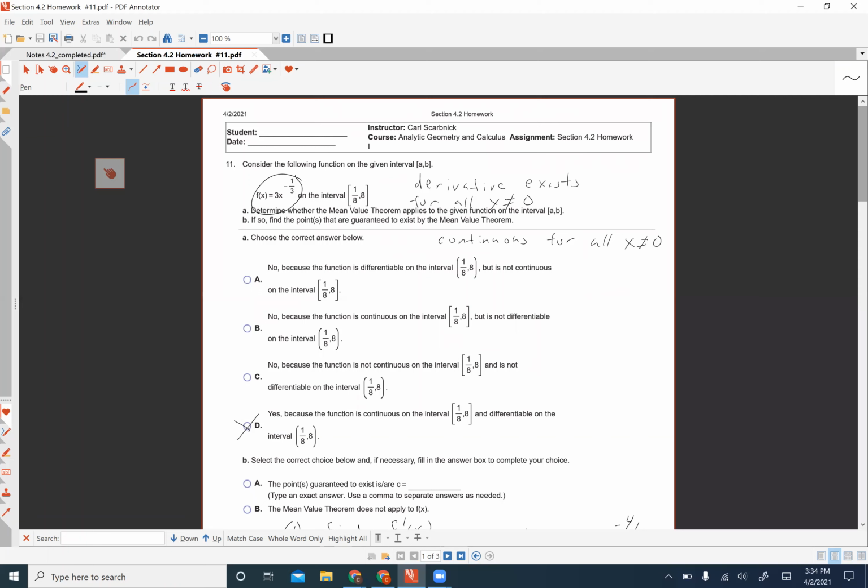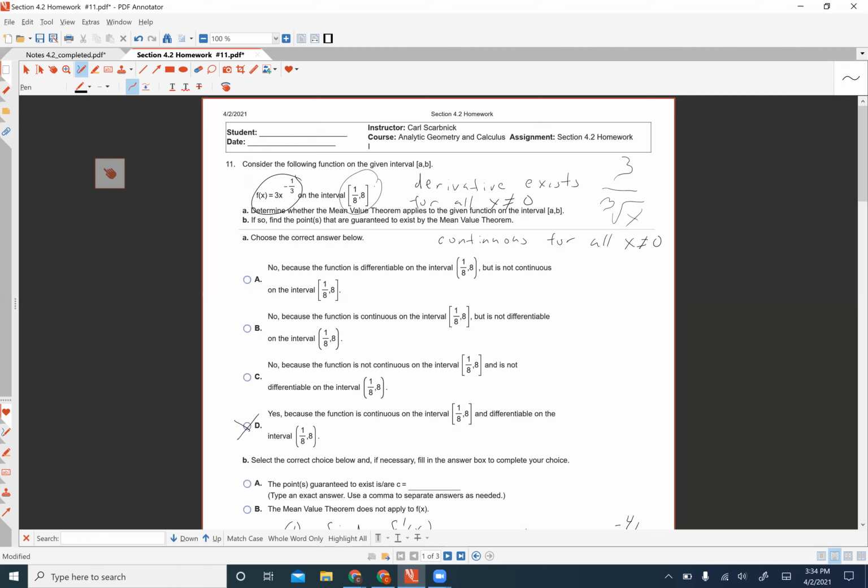The only place where that function is not continuous is at x equals 0, because you have 3 over the cube root of x. The only place where that's undefined is at x equal to 0. Well, 0 is not in the closed interval 1/8 to 8.